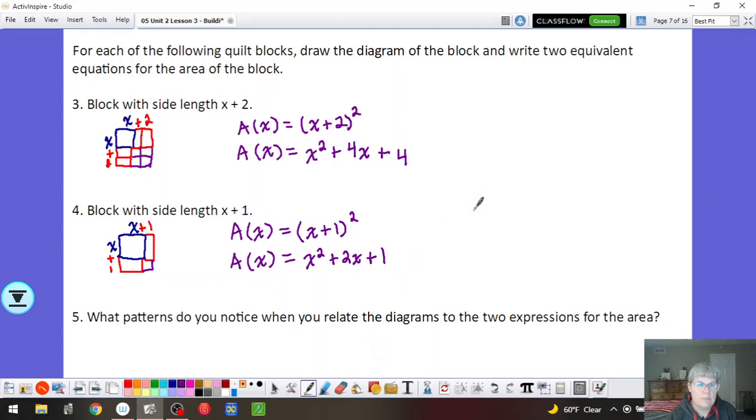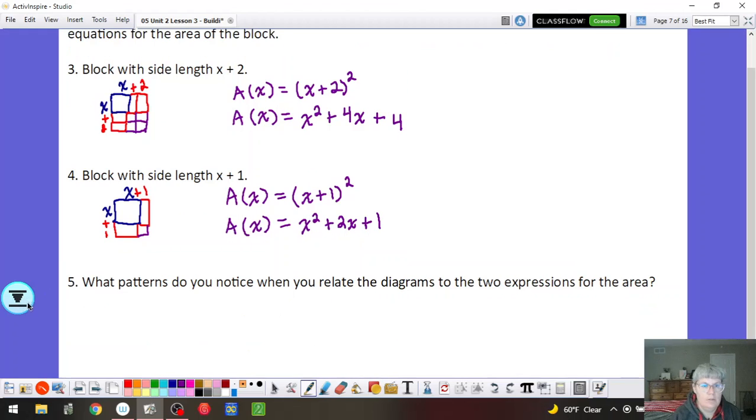So do you notice any patterns here? You might have noticed that when we add a length of 2, we end up doubling that for the middle term. So in the trinomial, a trinomial has 3 terms.